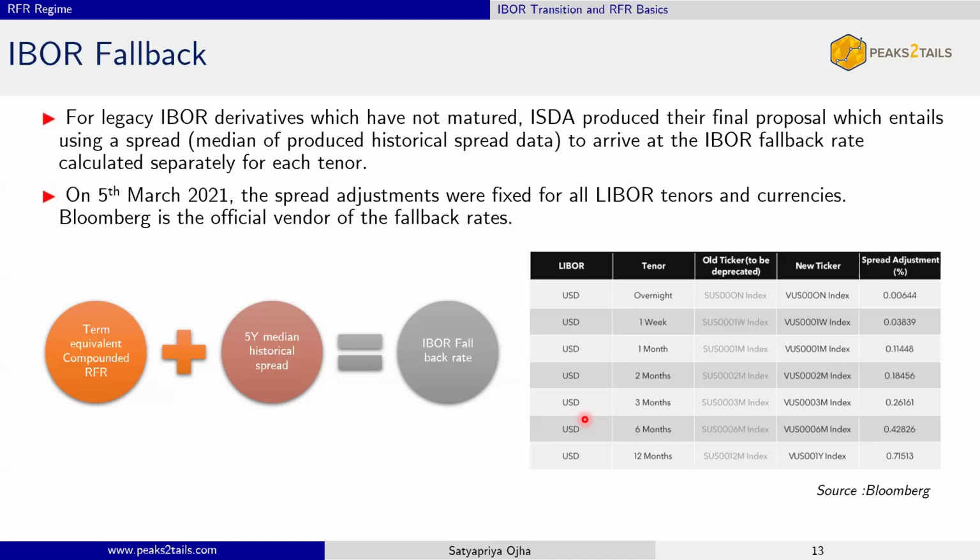Let's say legacy derivatives are still referencing the LIBOR. So for different products, the definition of term rate might be different. For example, for loan products, you can use the moving averages that the Federal Reserve Bank of New York published. 30-day, 90-day, 180 days, right? Those moving averages can be used as a proxy for the term rate. And then add the spread to get the LIBOR rate.